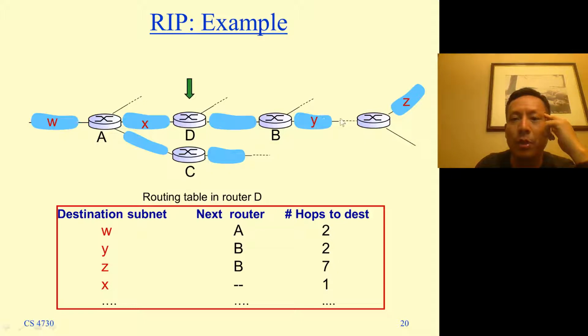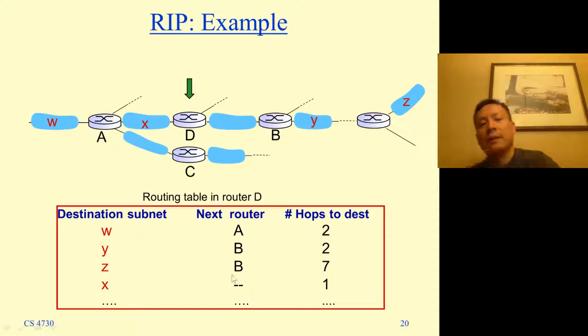All right, because in the middle there may be many other nodes, 5 or 6 other hop routers. And if you deliver to X, then it's direct delivery, 1 hop, right? You don't have to throw it to the next router, because X is directly connected to this router D. Direct delivery.